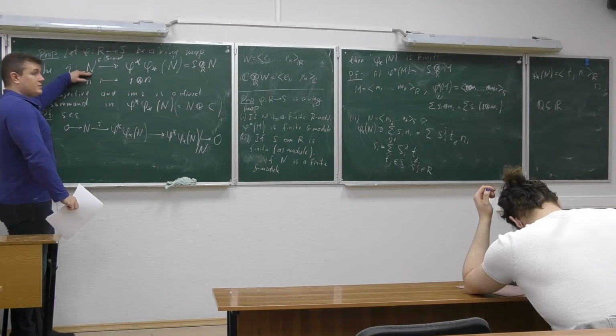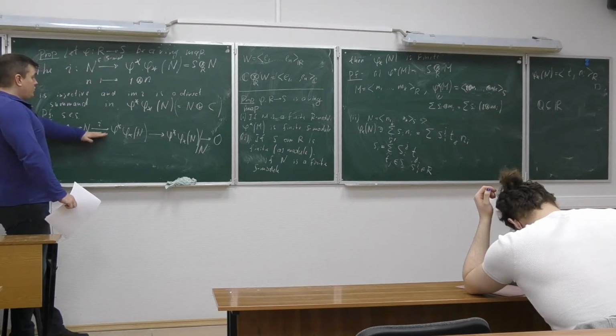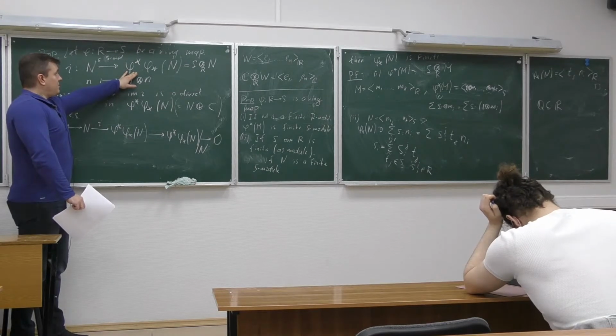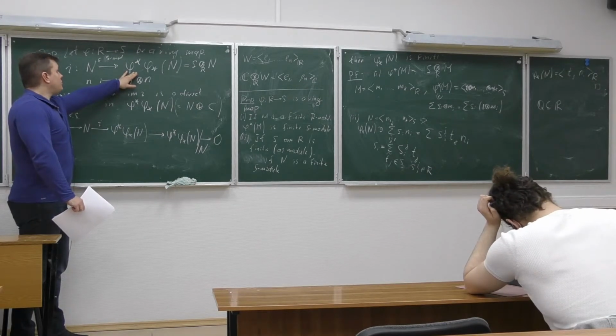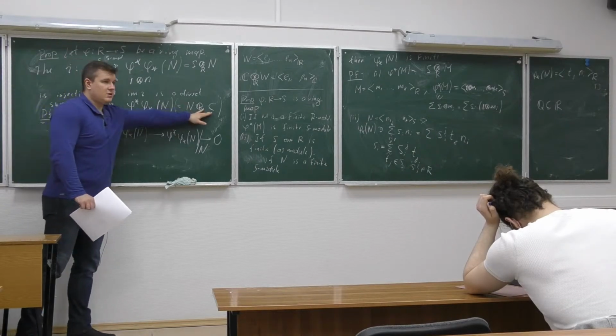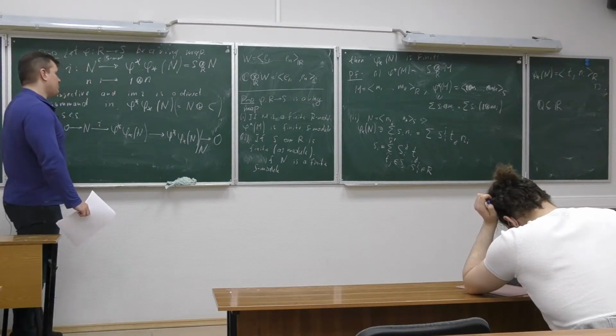So this is the map. I claim that this module, this is an S module, can be presented as a direct sum of two modules. One of the modules is N, and there is also some other module which I call C here, because this is the complementary module.